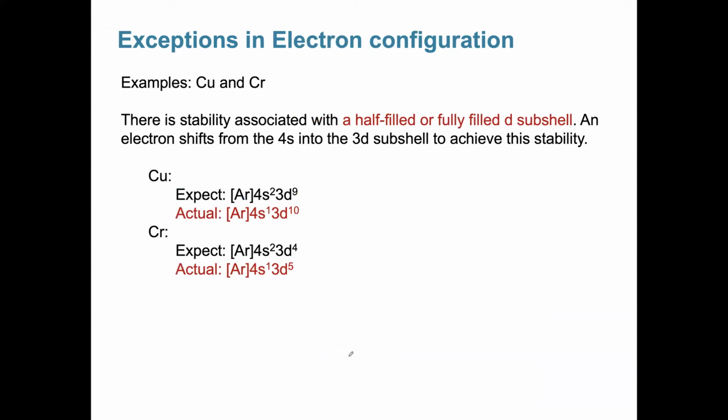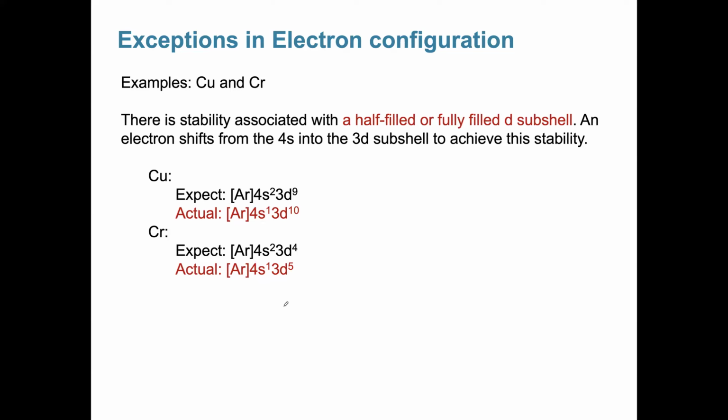So generally, when we write the electron configuration of different elements, we follow the Aufbau principle, right? So start with 1s, 2s, 2p, 3s, 3p, 4s, 3d, 4p, and so forth. But there are several exceptions, and those exceptions are identified experimentally.